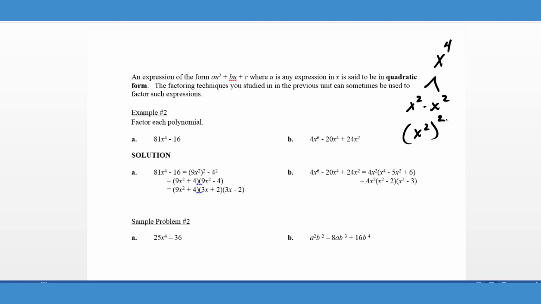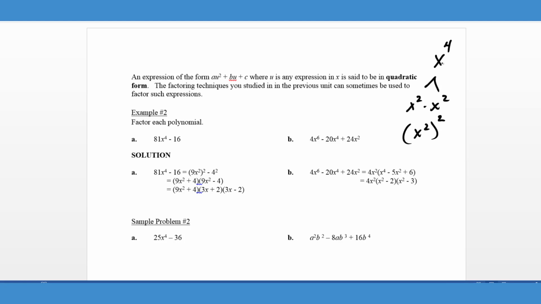So it just becomes a quadratic term. And we can do this with pretty much any even degree function. So this allows us to use our quadratic factoring that we learned in the previous unit on higher degree polynomials. So that's what we'll do here in the sample problem.